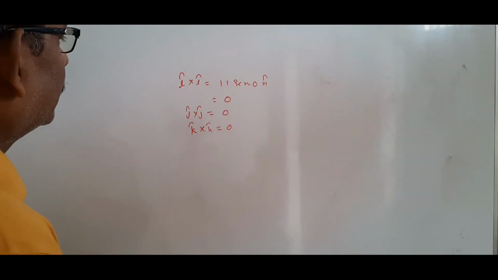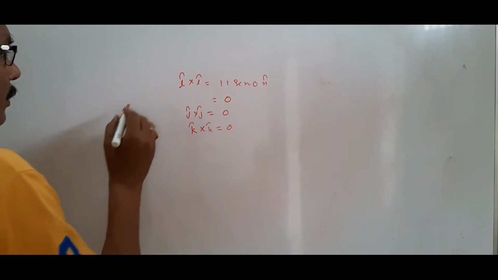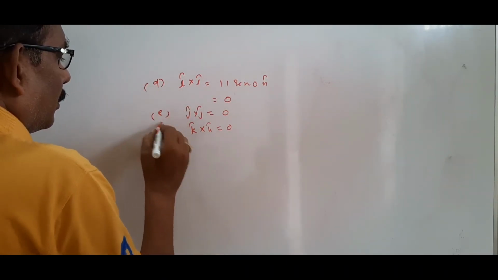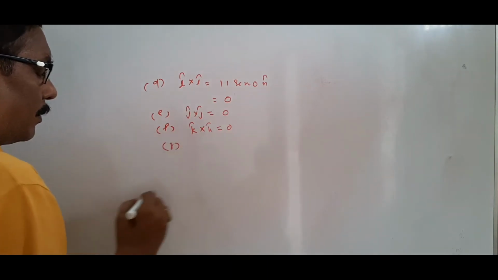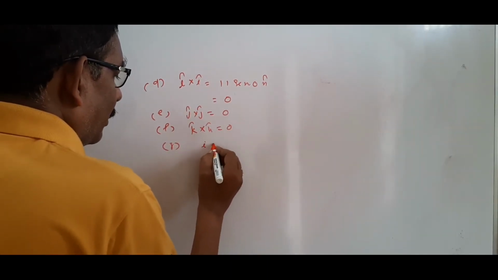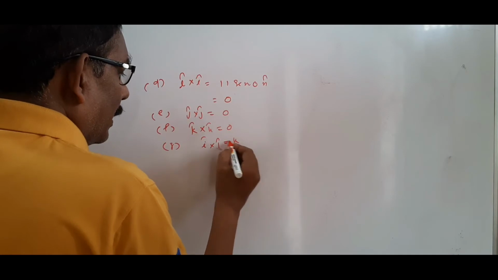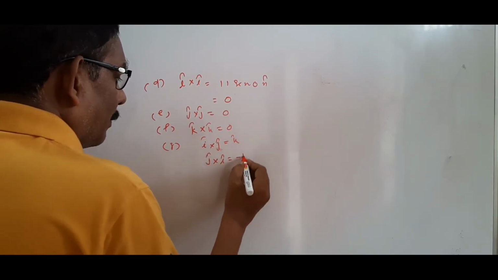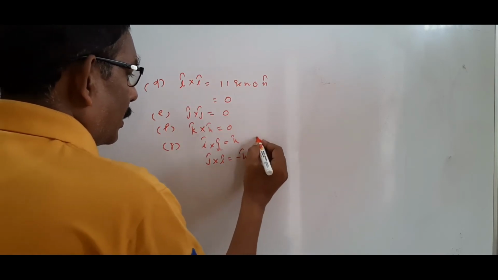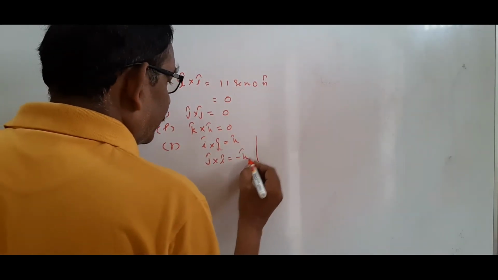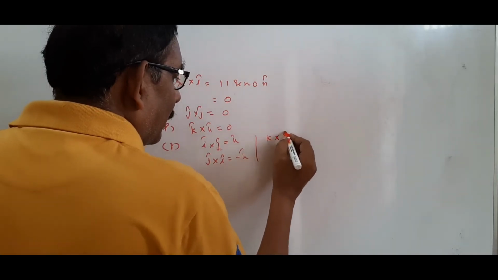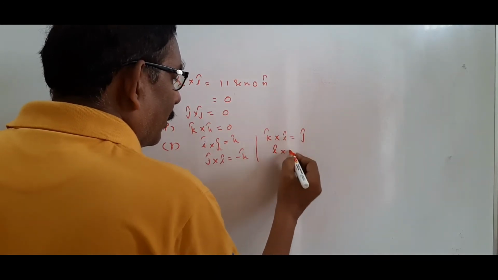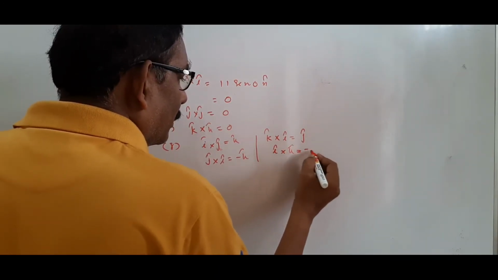Similarly, we take the product of the others. You know that I cross J is equal to K. So J cross I, the reverse, is minus K. Similarly, K cross I equals J cap, or I cross K is equal to minus J cap.